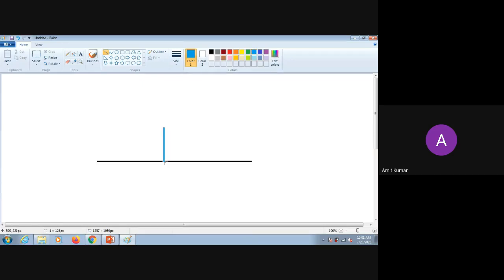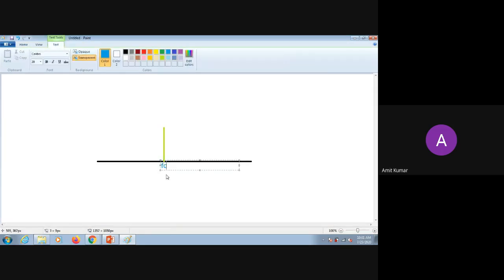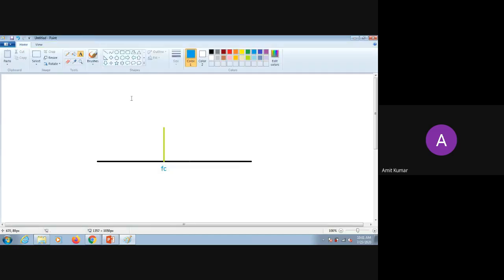So first is your center frequency, that is Fc. In the first definition, the center frequency will lie at Fc. The second frequency will be lying at Fc plus delta F, so it will be lying here.